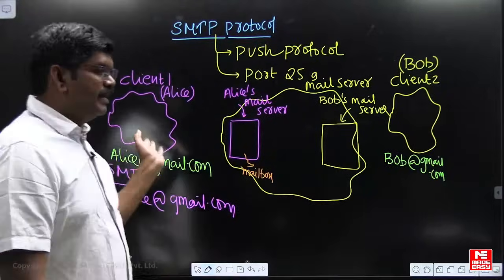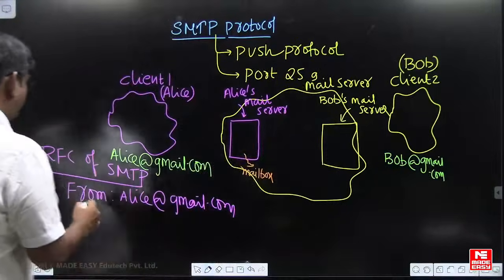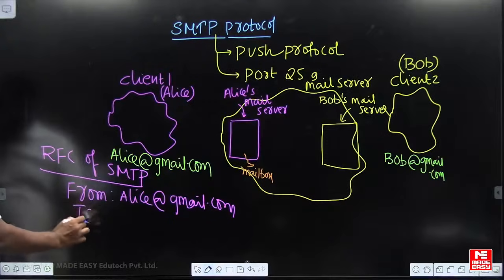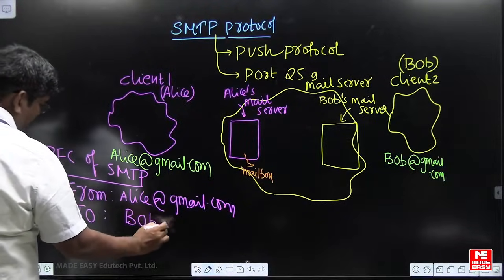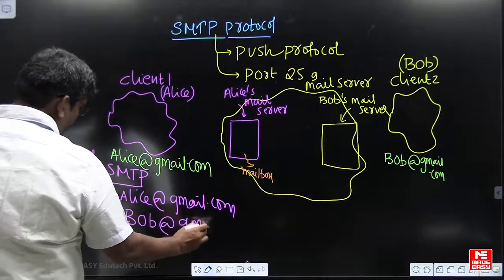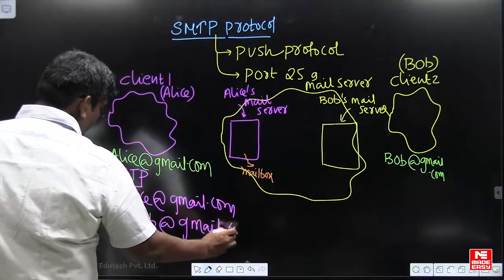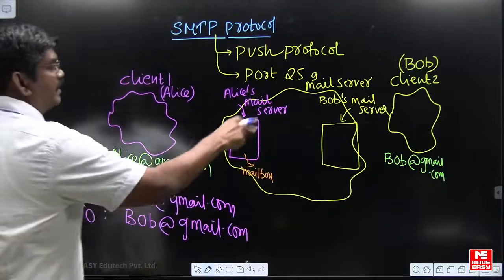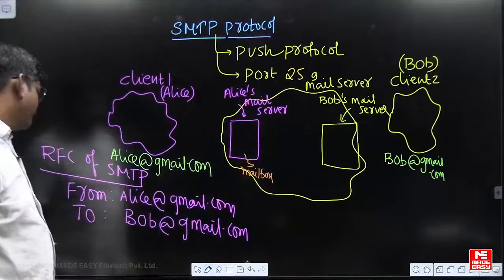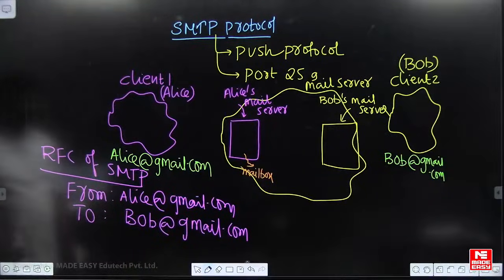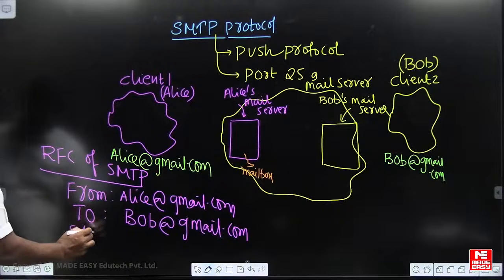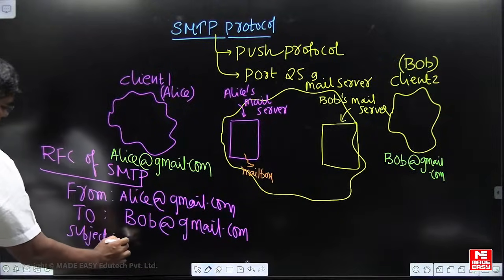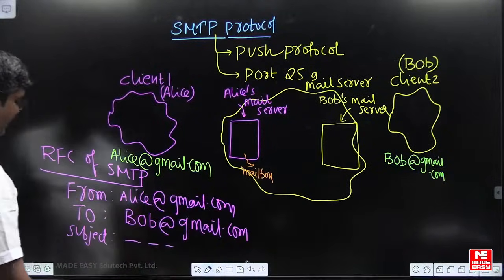You want to send a mail to Bob, so if this is From, then next should be To, something like Bob@. I am explaining this concept to solve further problems. From and To, and then CC and BCC, and this is the subject you can write, for what purpose you would like to send the mail.